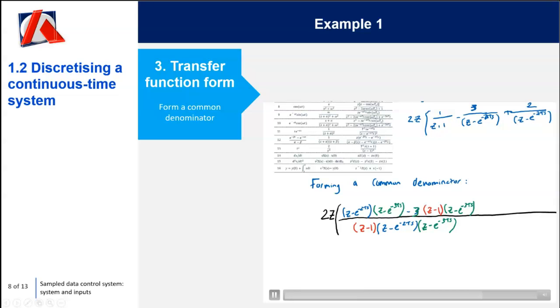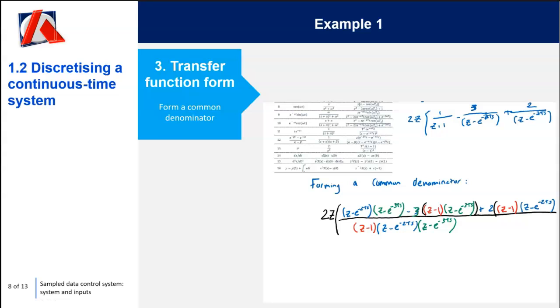And then finally, if we're looking at z minus e to the minus 3ts, what it's going to be is effectively these 2 here on the numerator. And again, just remember the 2. And that there is your common denominator, there you've got now a common denominator.